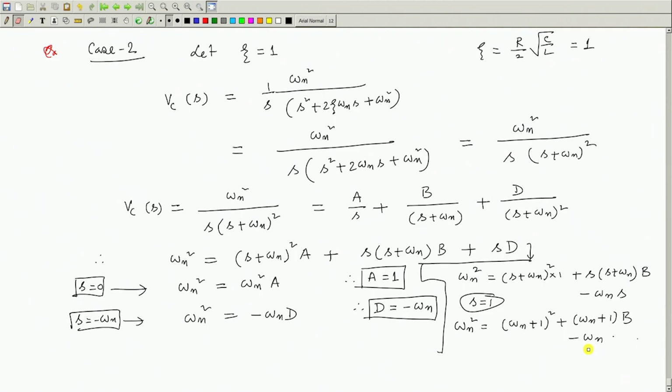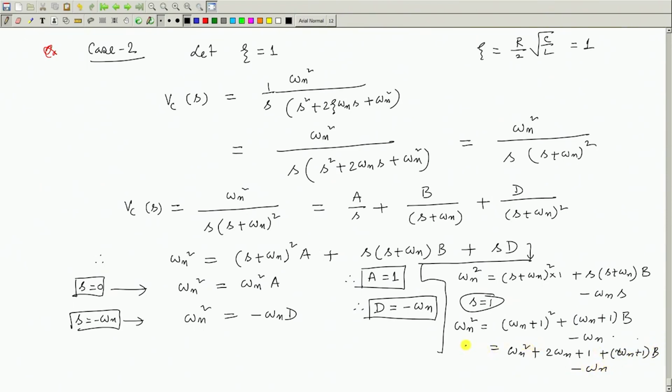Now, it can be easily solved. If you expand this, it will be omega n square plus 2 omega n plus 1 plus omega n plus 1 into b minus omega n.